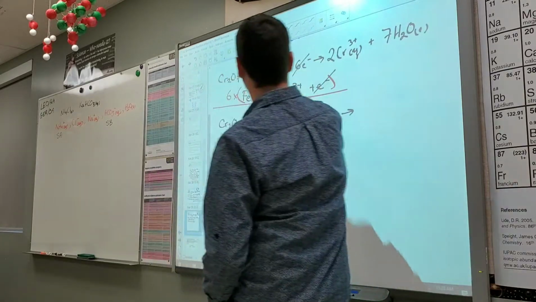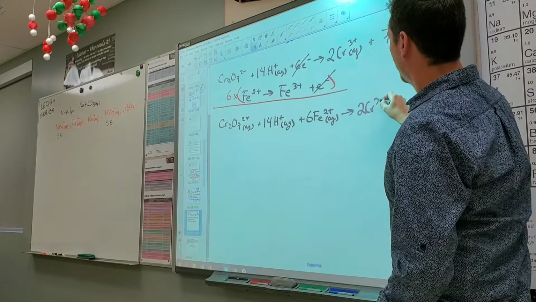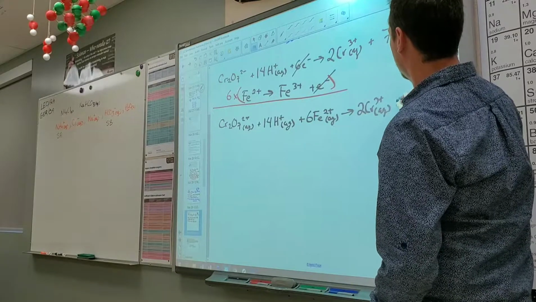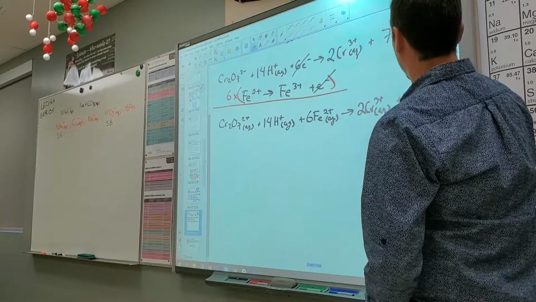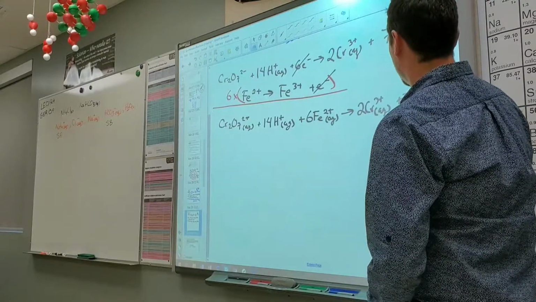The electrons cancel out. So we're going to get 2 Cr3 plus aqueous, 7 waters, and 6 iron 3 pluses.